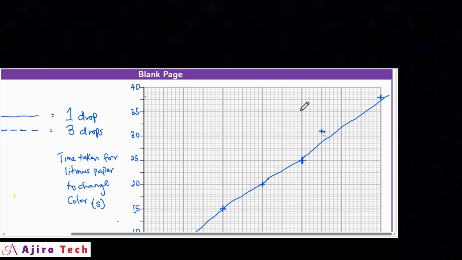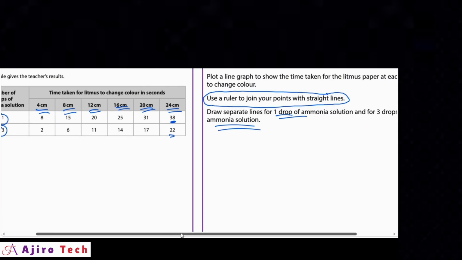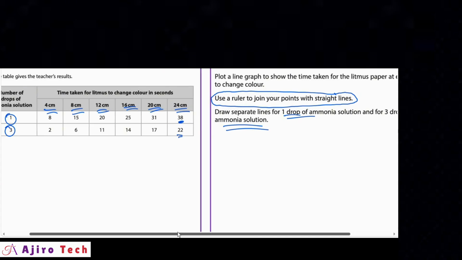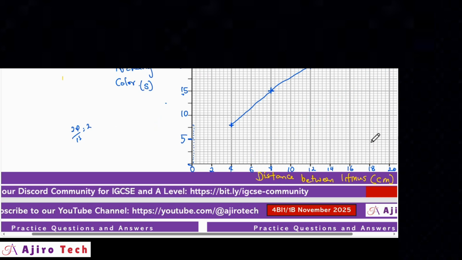Now let's do it for 3 drop. That's 4 centimeter, 2. This is 1, 2. This is 1. This is 2.